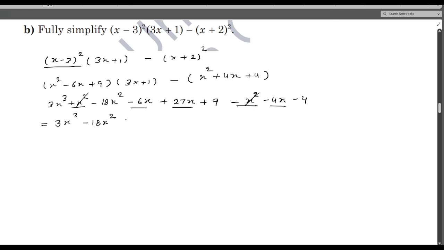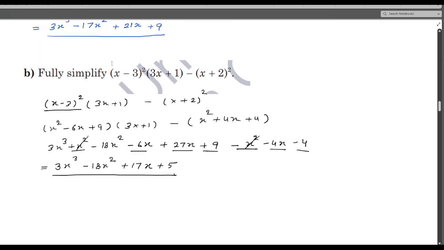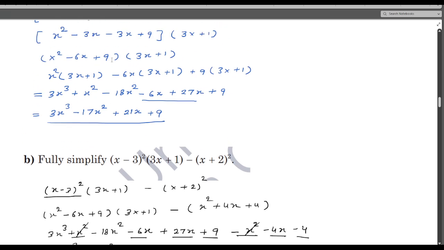So minus 10 plus 27 is plus 17x, and finally plus 9 minus 4, which is 5. So this is your answer. Now this is a full simplification of x minus 3 the whole square times 3x plus 1 minus x plus 2 the whole square. I hope you understand each and every step.